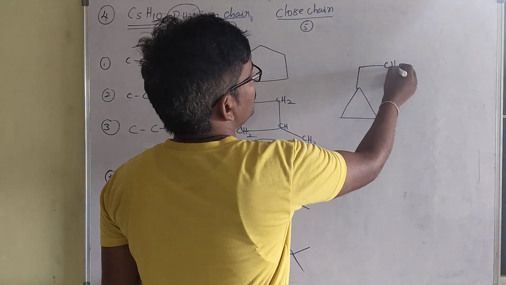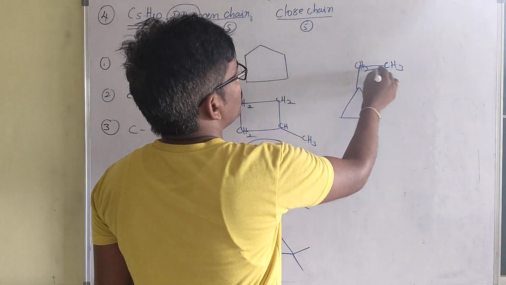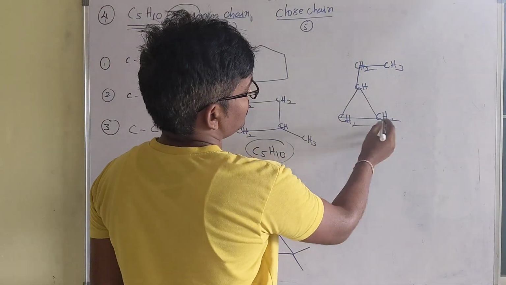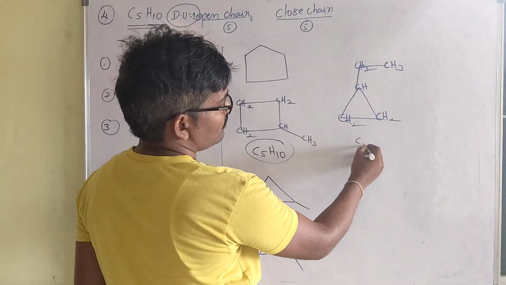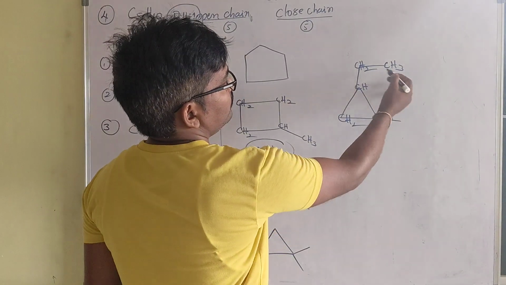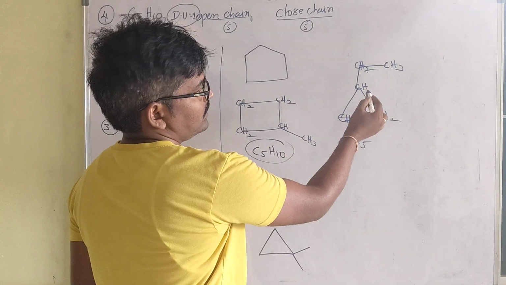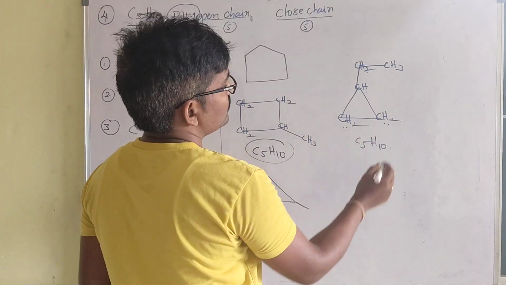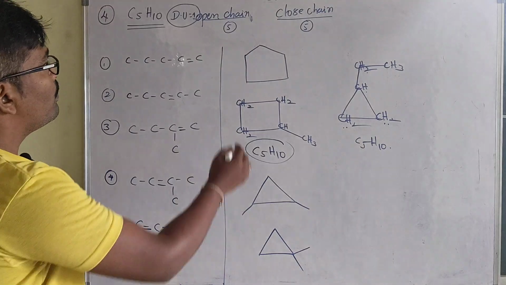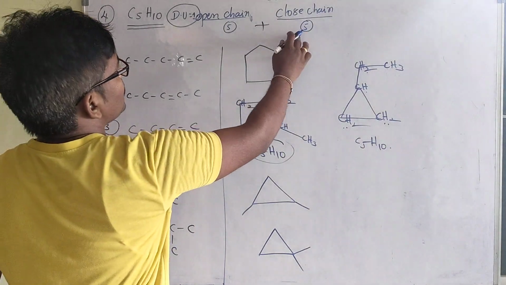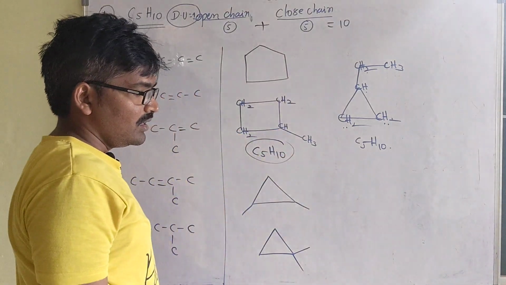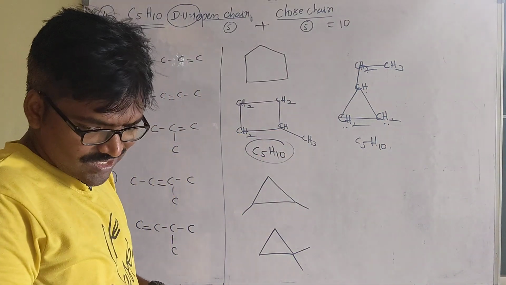So look at CH3, CH2, CH, CH2, CH2, like this. How many carbons are there? 5 carbons. Hydrogens are 3 plus 2, 5, 6, 7, 8, 9, 10. So total 10. Open chain 5 possible, closed chain 5 possible, total 10 structural isomers are possible for this.